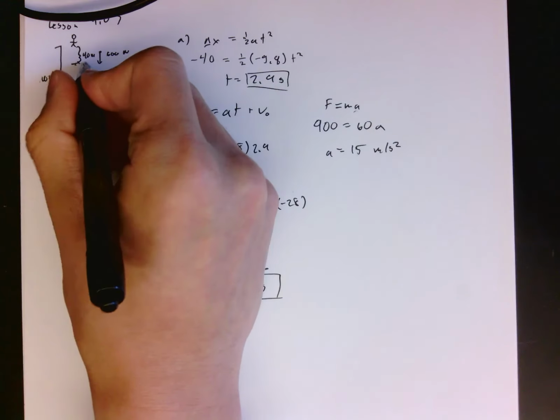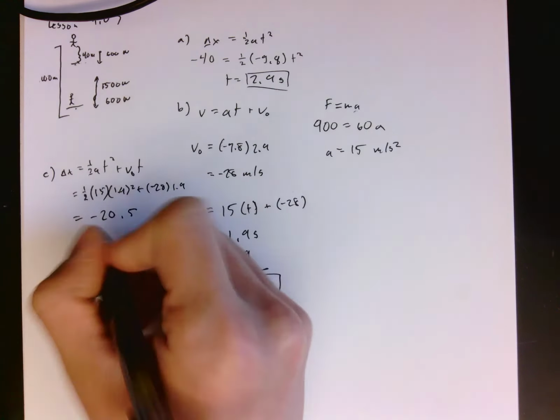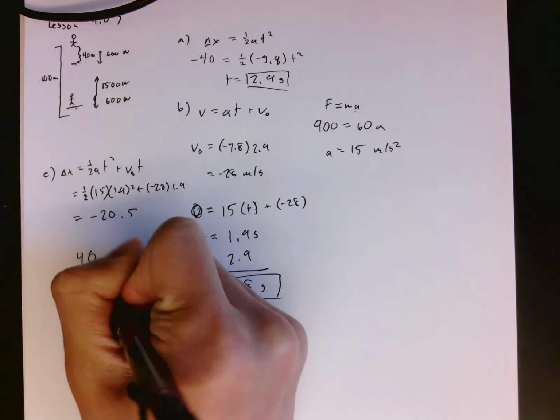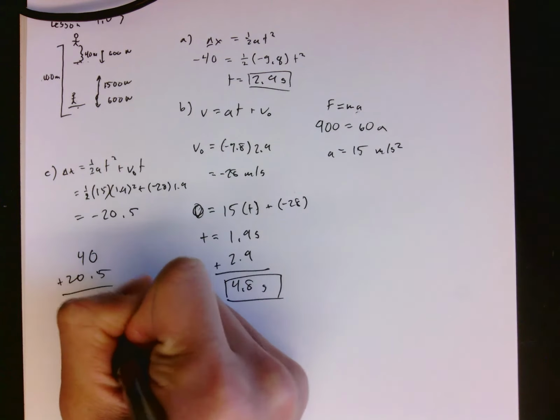So we know he drops 40 meters initially, and we just add that to what we found, so 40 plus 20.5 is 60.5 meters.